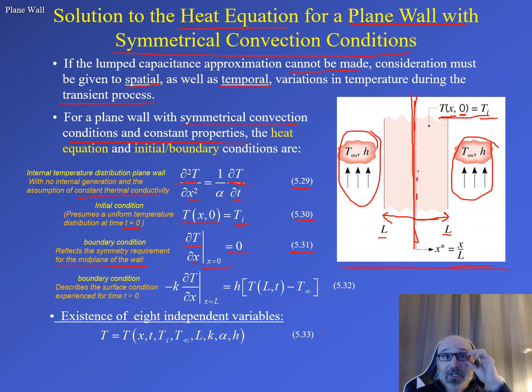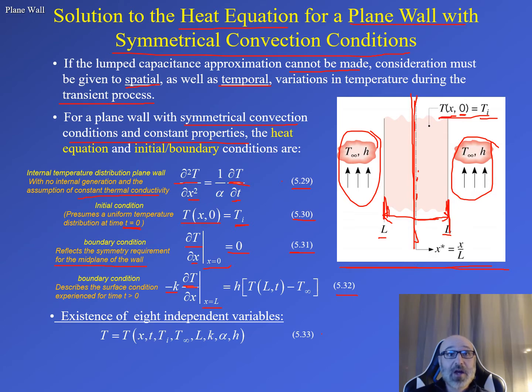Our next boundary condition, equation 5.32, describes a surface condition experienced for a time greater than 0. So when it's greater than 0, we can say our negative k, our thermal conductivity, times our partial of temperature with respect to position, dT/dx, evaluated at x equal to L. So L is out here at the end, at the outside walls.